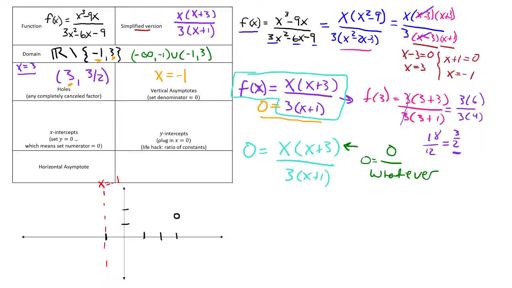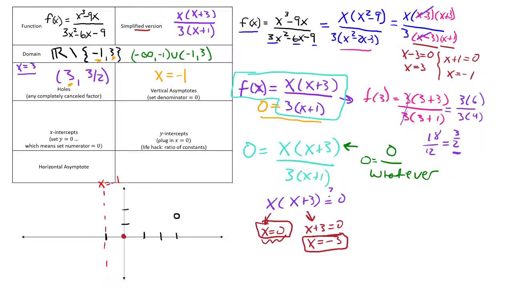So what we're really looking for is when x times x plus 3 equals 0. We're going to use what's called the zero product principle that you might remember from Algebra 2. We're going to say this x could equal 0, or the x plus 3 could equal 0, which means that here x is equal to 0, and here x is equal to negative 3. So that's going to be our two x-intercepts, 0 and negative 3.